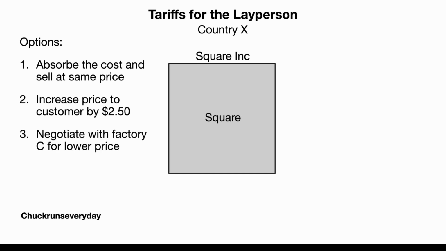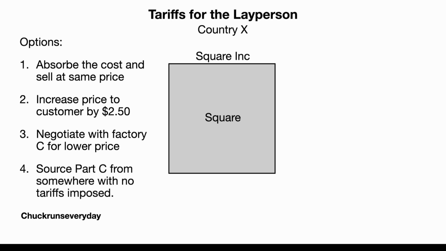Option 3, negotiate with the factory C in the other country for a lower price and hope that they can come even with once the tariffs are added. Option 4, source Part C from somewhere else with no tariffs, so another country, or try to find maybe a factory in Country X that would be able to fabricate Part C.